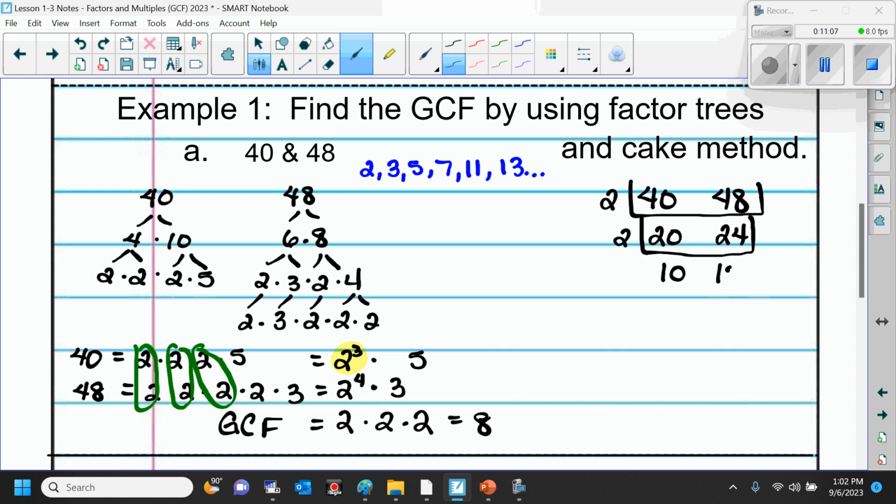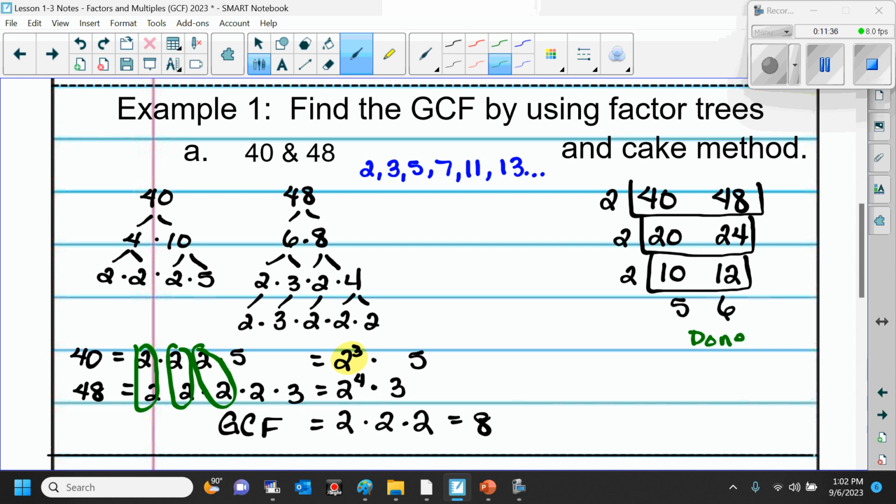And there's another layer to my cake. Is everybody with me? Is there another prime number I can divide into 10 and 12? 2. So 10 divided by 2 is 5. And 12 divided by 2 is 6. Now, is there a prime number I can divide into 5 and 6? No. So now we are done.